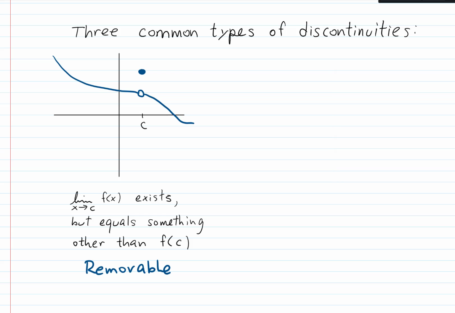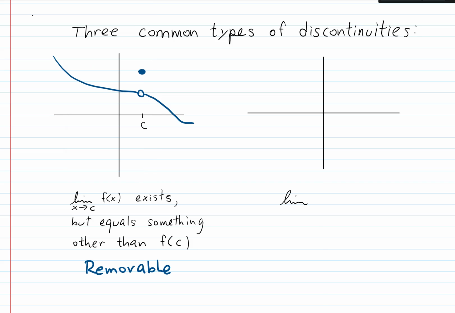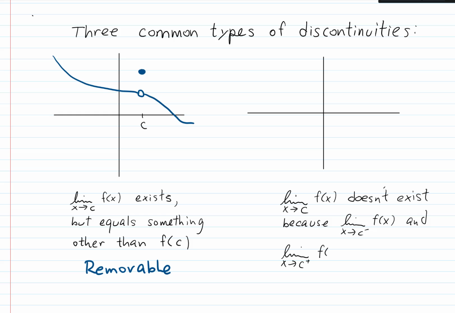Another type of discontinuity is this kind, where the limit of f of x as x approaches C doesn't exist because the left-hand limit and the right-hand limit disagree.